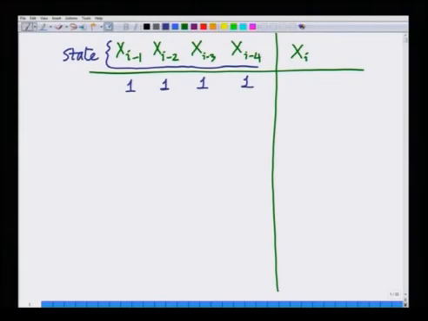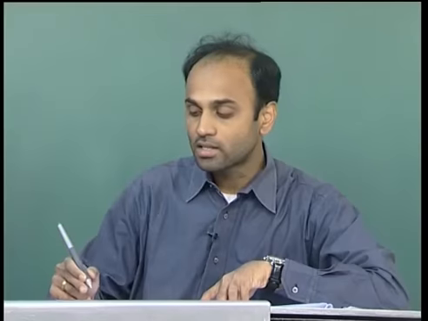Both are 1, hence 1 XOR 1 is 0, hence xi is 0.